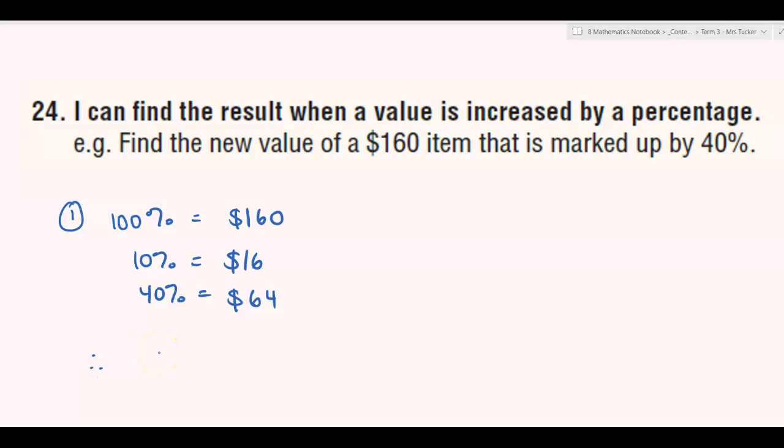What percent are we actually trying to find? 140%. We're finding the initial amount and we're adding 40% to that amount. So we should get 224. Good. Option 2 would be to find 140% of 160 that way.